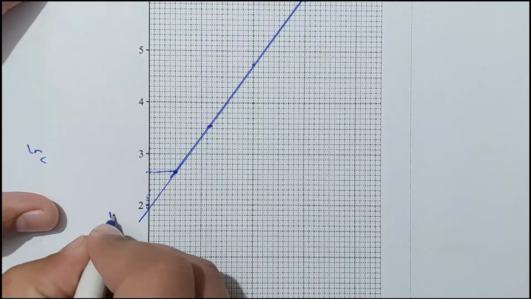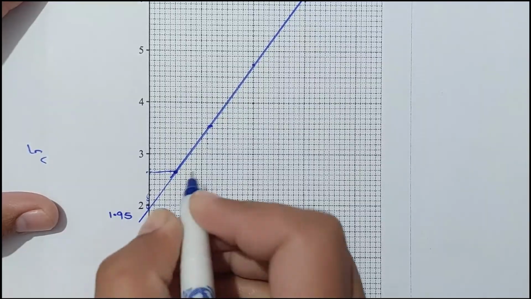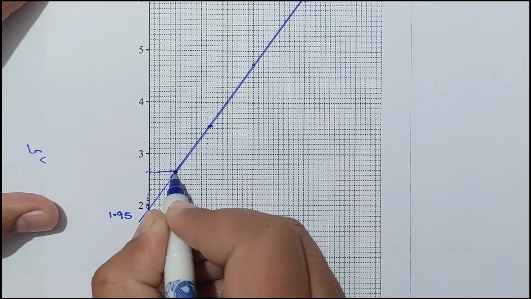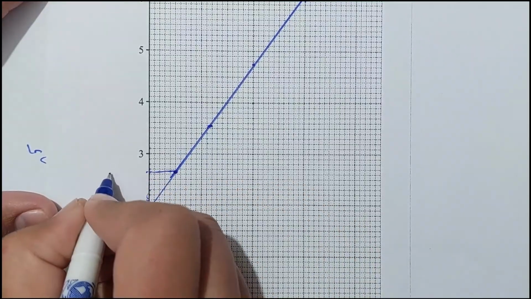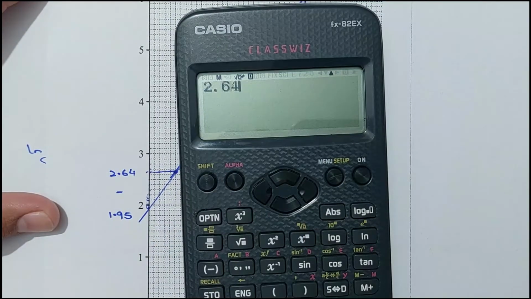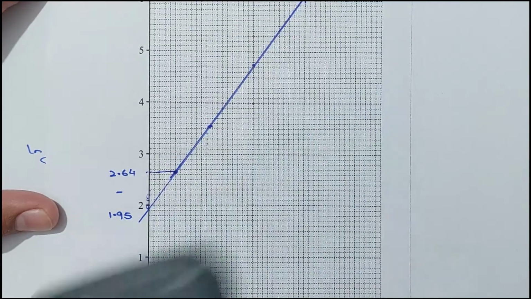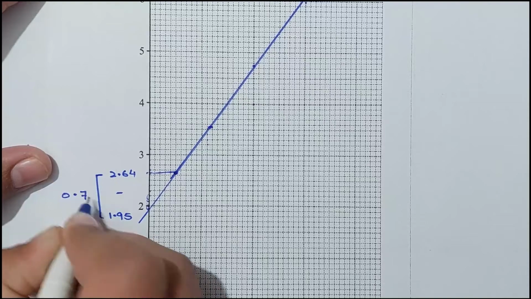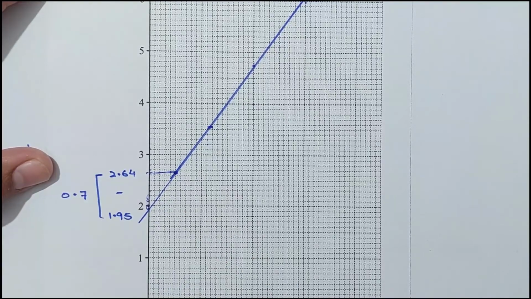So from 1.95, this point is 2.64. How much is the difference? 2.64 minus 1.95, 0.7. The difference is 0.7 unit. So the rise is 0.7 and the run is just 1 unit.